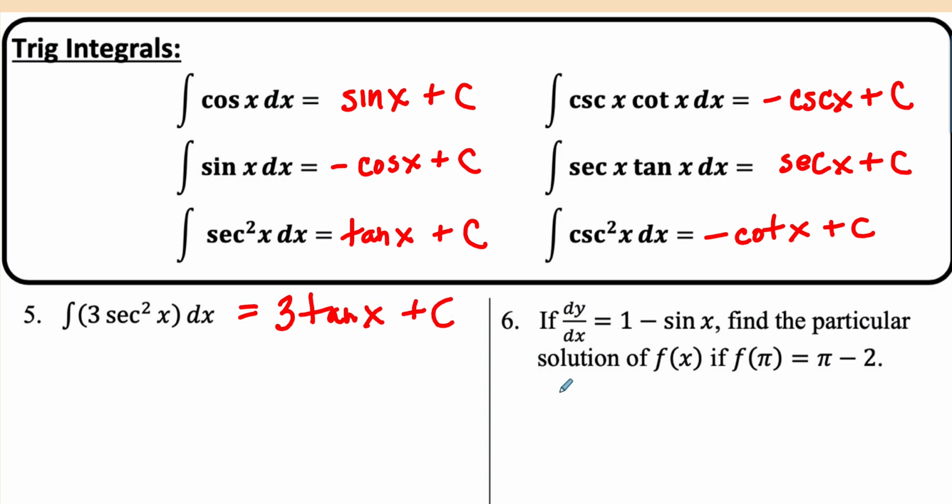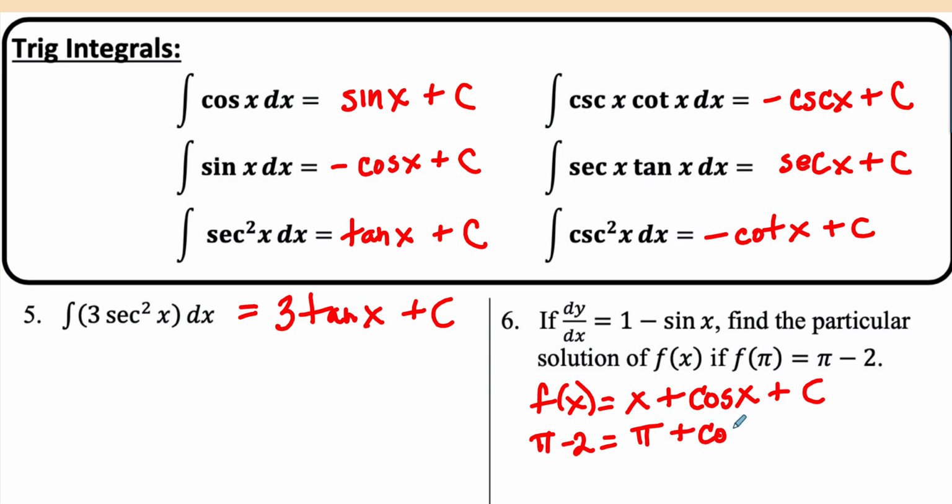And then for this particular solution, we can say f of x equals x, and then this is going to be plus cosine of x, because the derivative of cosine x is negative sine x, plus c. All right, and then I'm going to put pi minus 2, that's my y value, and then my x is pi plus cosine of pi plus c.